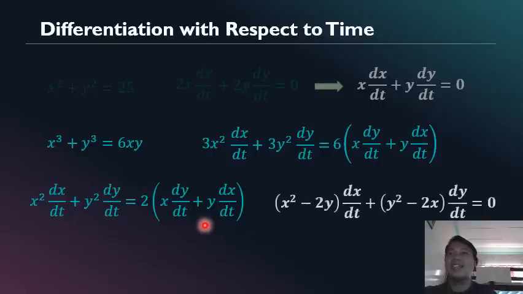Okay? So, sinimplify lang natin siya dito. Anong ginawa? Kinolect natin yung similar terms, dx over dt at saka dx over dito sa kabila. So, para hindi masyadong maraming terms, finactor natin ito kasi common siya, dx over dt. So, x squared, ilipat natin ito sa kabila.